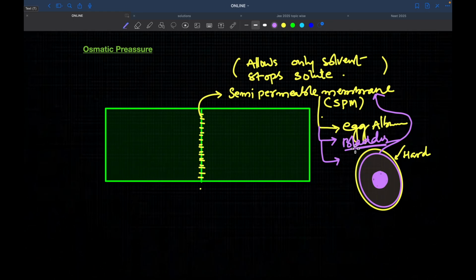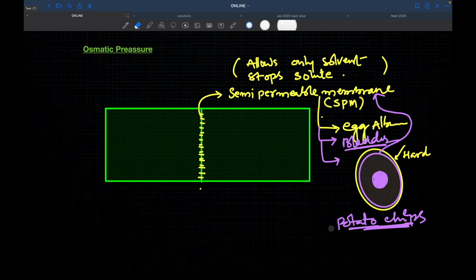Or the sliced potato chips before frying, they have some layers in them, so they also act like a semi-permeable membrane.